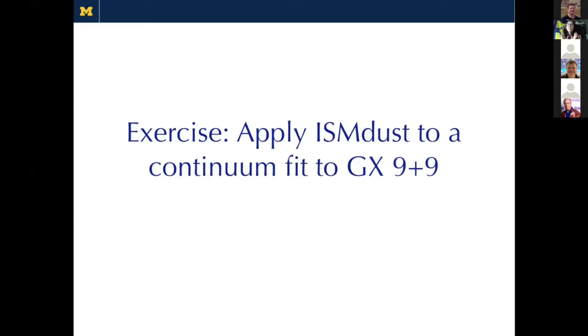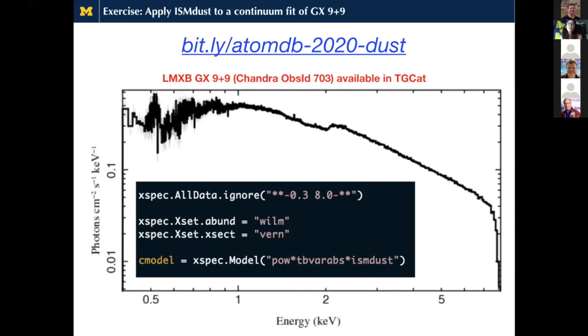Okay, so on the website, I linked to a Google Doc that is an exercise in applying the ISM dust model. And we start with a continuum fit to GX9+9, which is one of the sources that I put in my 2016 paper. So we're basically just reproducing some of the work that I did for that paper. I put my solution online on Zenodo. So if you go to this URL at the top, you'll be able to download this presentation, the exercise instructions, and then a Python script that I use to just try it out.